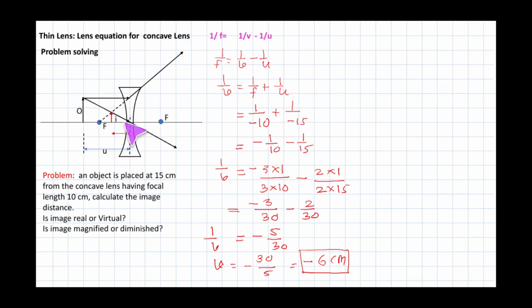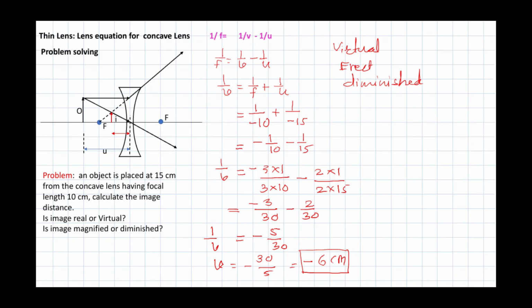So we can see from this that the image is virtual because it is on the left hand side. The image is erect, and the size of the image is less than the size of the object, so we can say we get a diminished image.